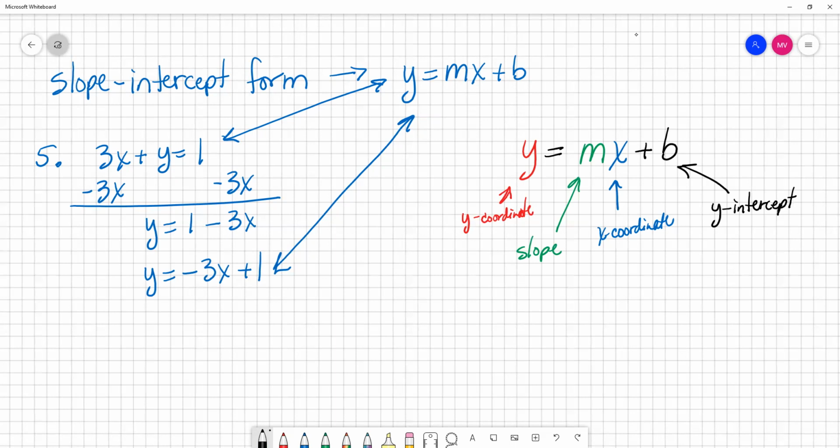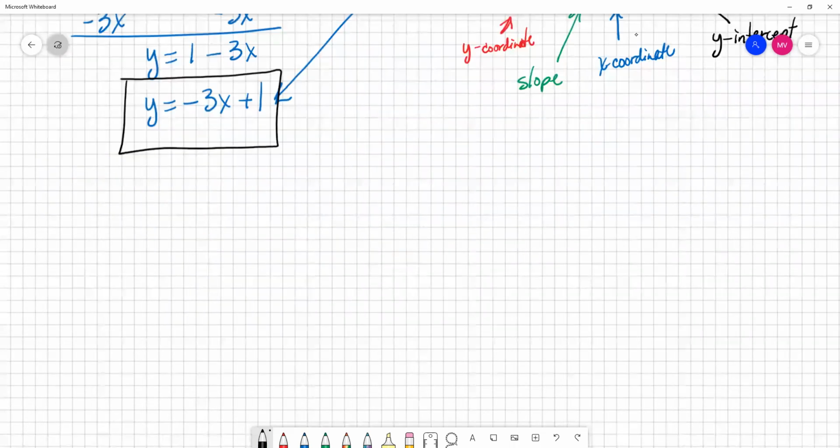So in this case, they're wanting us to write it in slope-intercept form, which I just did. Here's your slope-intercept form. But then they also want us to graph it. So here's the question. Where on your graph does it cross the y-axis? At positive 1.